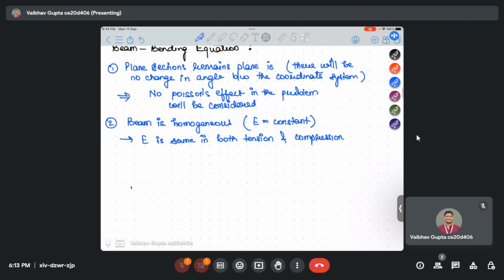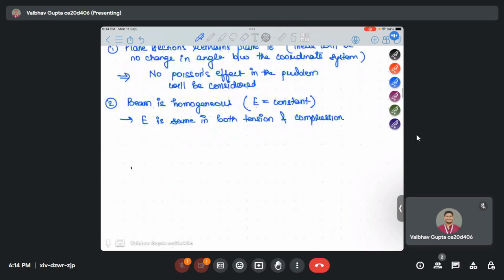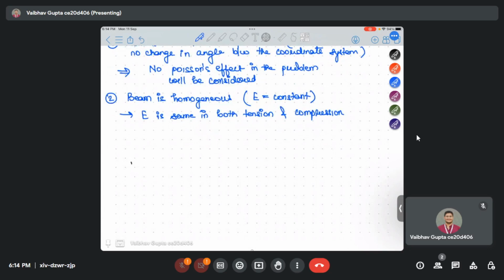So after considering all these assumptions, the equation we finally got is Mz by Izz is equal to negative sigma xx by (y minus y naught) equal to E into d2 del y by dx square.